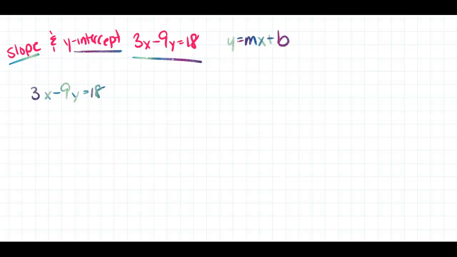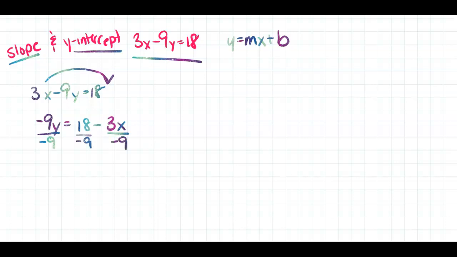All right, so keep my y here, negative 9y. Move my 3x over. So it's positive, so I'm going to make it subtract. Now divide by negative 9. Divide everything by negative 9. This by negative 9, this by negative 9, this by negative 9.